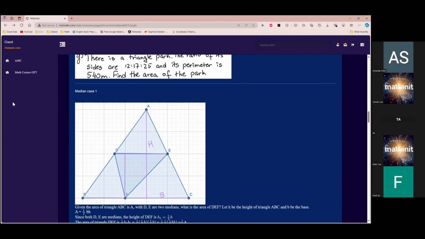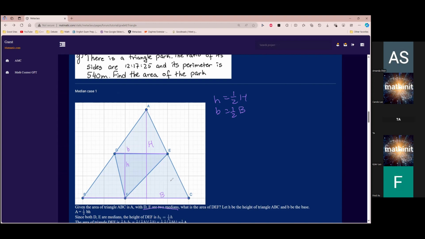Say this is lowercase h and this is lowercase b. Since D and E are two medians of AB and AC, lowercase h is essentially half of uppercase H, and lowercase b is essentially half of uppercase B.